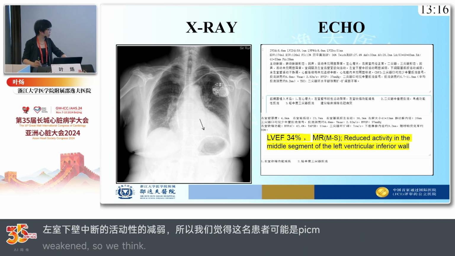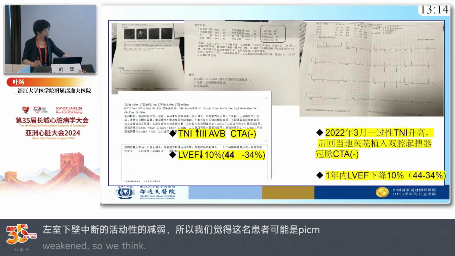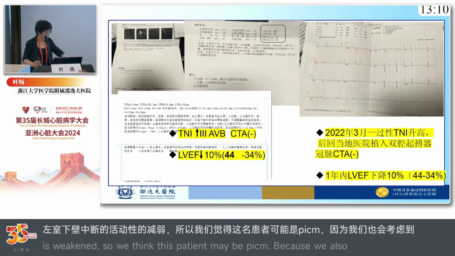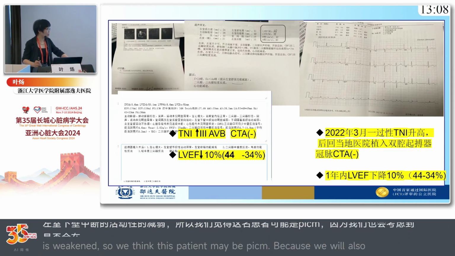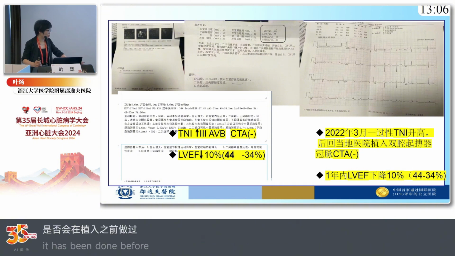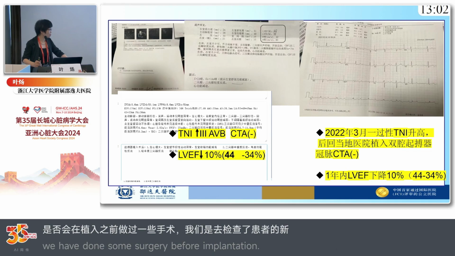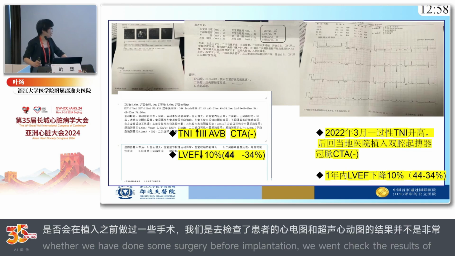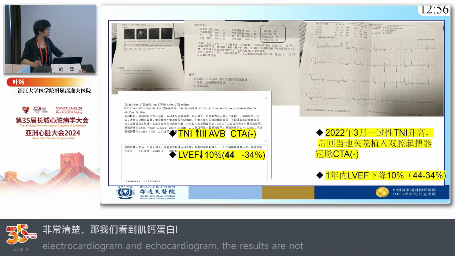That means we wonder if there was some special cardiomyopathy before implantation. One year ago we checked her ECG and echo, but because she was transferred from a relative's hospital, it's not very clear. We found the troponin I was elevated, the CTA was negative, and she also had heart failure.